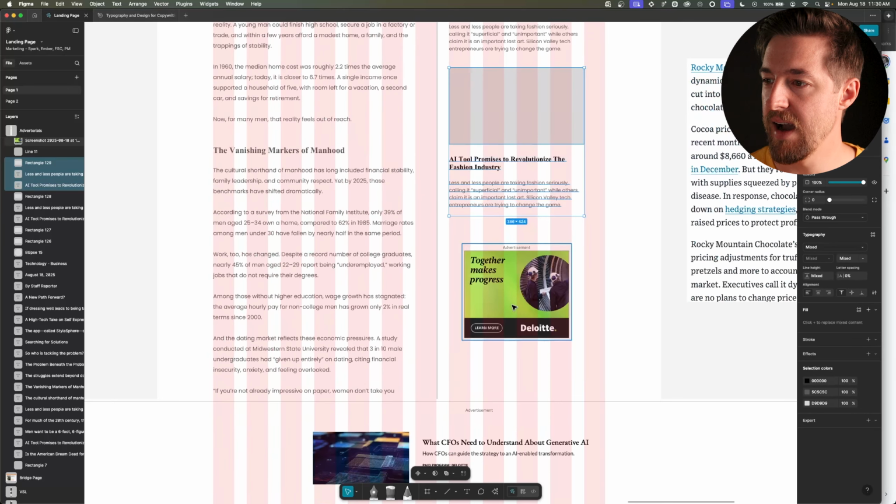And that'll be a little bit more square like that, but then we'll pull it down. And the reason why it's square is just because that is the size of a typical display ad. So we'll just shrink that bad boy down.